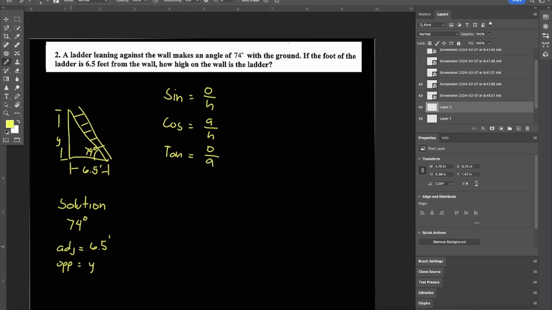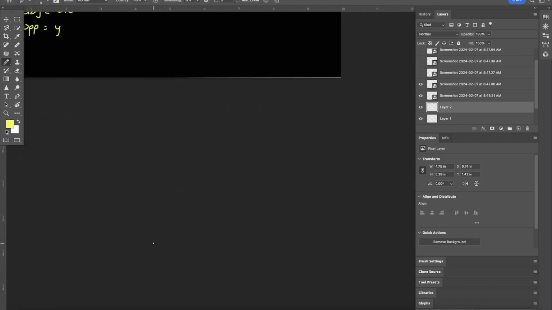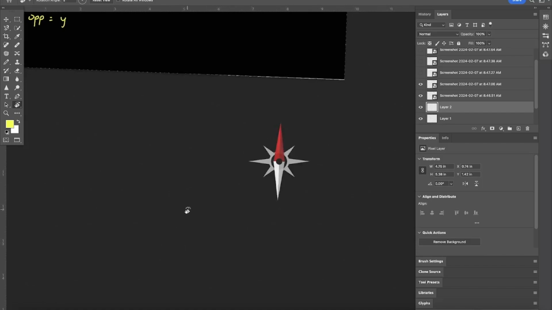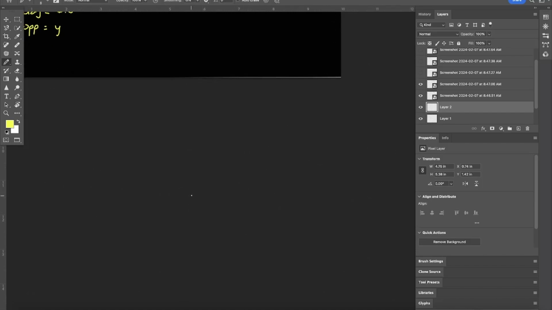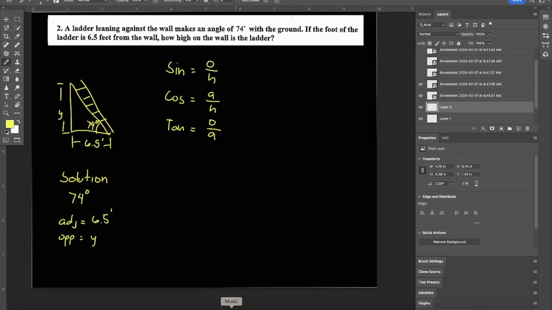Now, if we try to take a look at our given and what is being required of us, we have your adjacent side and your opposite side, which is just equal to our... Let me just bring that up just a little bit. Here we go. So again, that will just give us a tangent function.